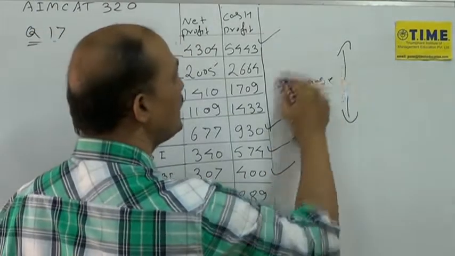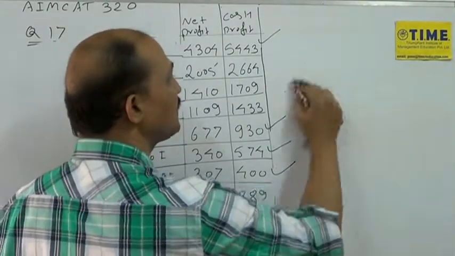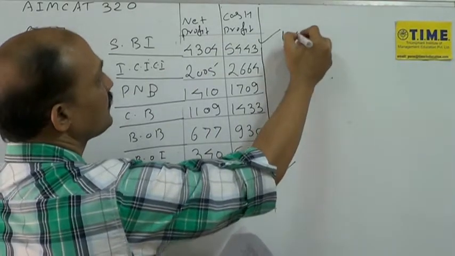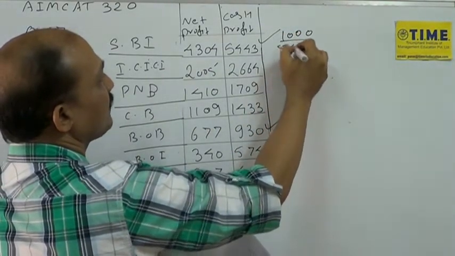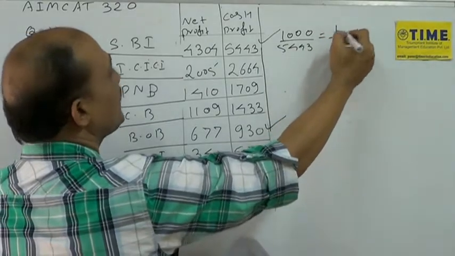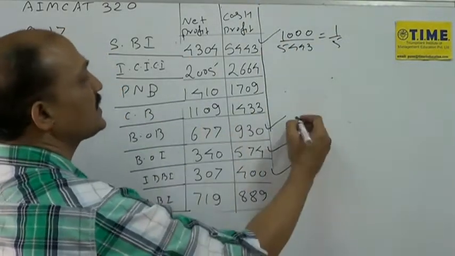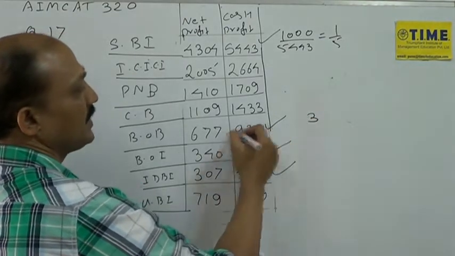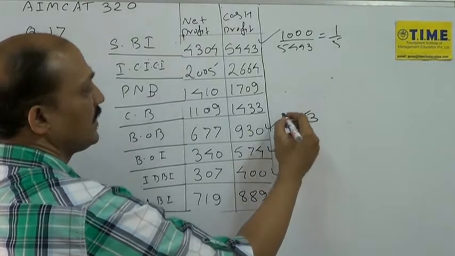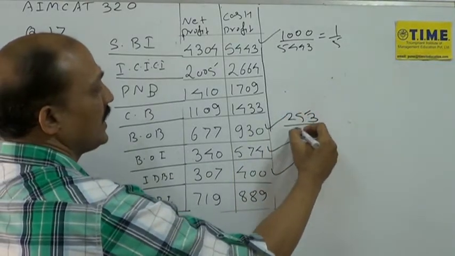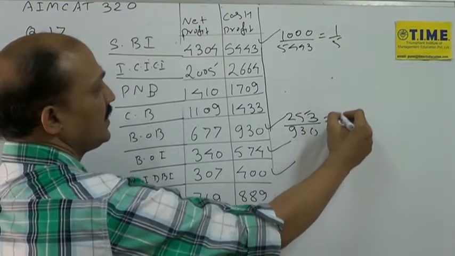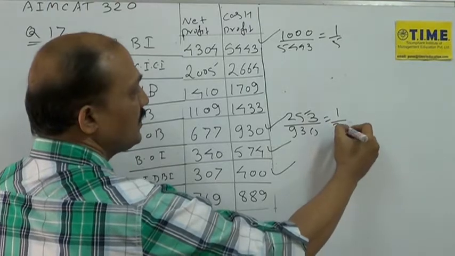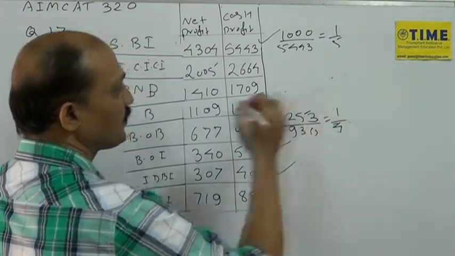I can roughly check whichever is going to give me the highest fraction, and then I will do the next calculation. This is roughly 1000 divided by the base 5430, which comes to 1 by 5 point something. This difference comes to 253 with a base of 930, which comes to roughly 1 by 3 point something, or almost 1 by 4.